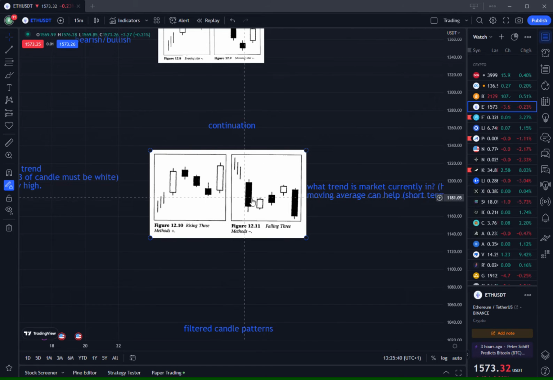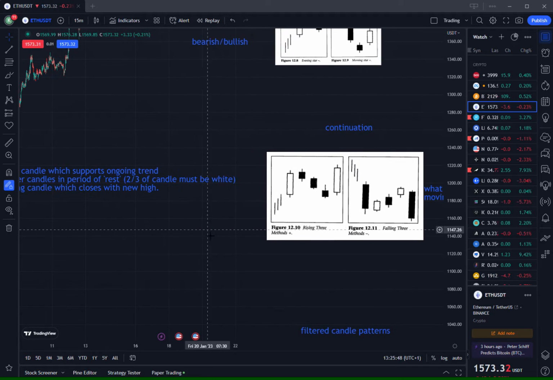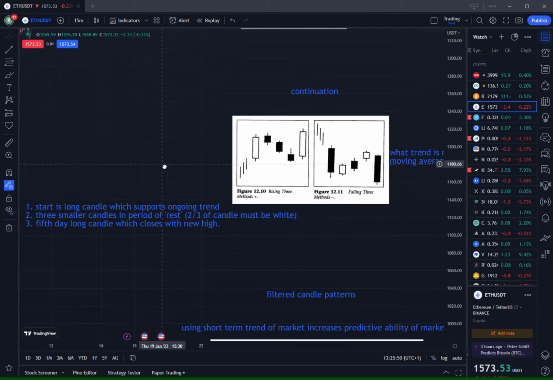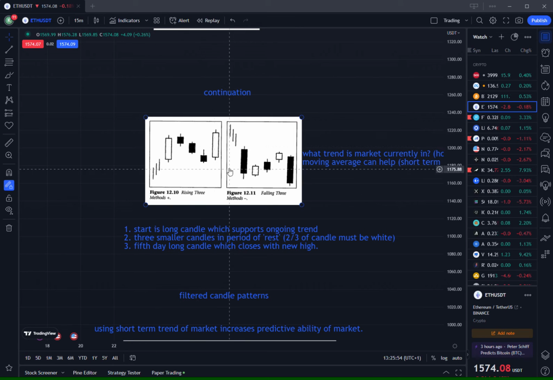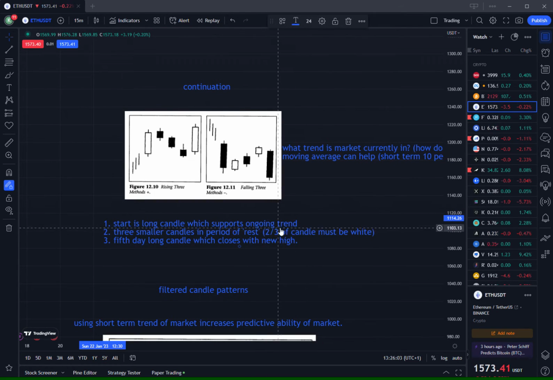And then followed by a long candle. Two out of three is the minimum required within these, but three is fine. But basically, this is what's going to happen. You can see it in the picture: a long candle, then three smaller ones, which could be two bearish or three bearish, it doesn't really matter.